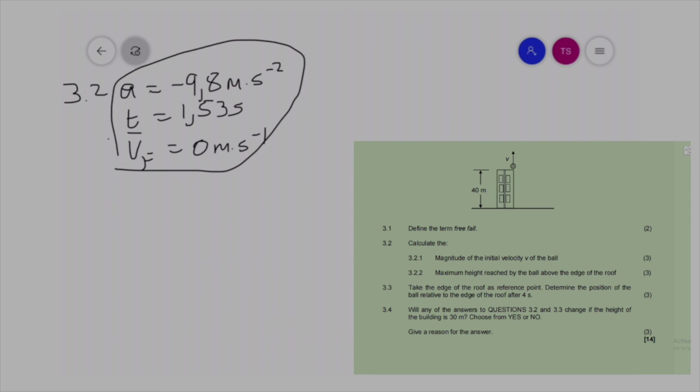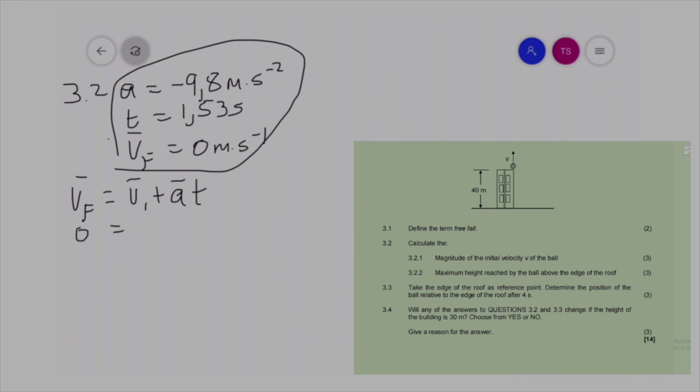So I'm gonna go with v final equals v initial plus at, right? What's our v final?